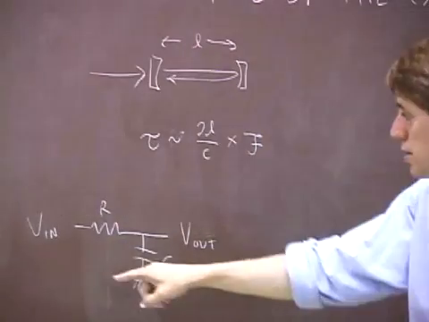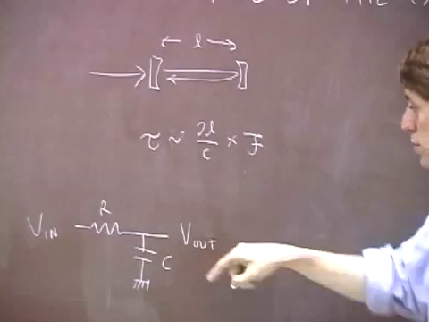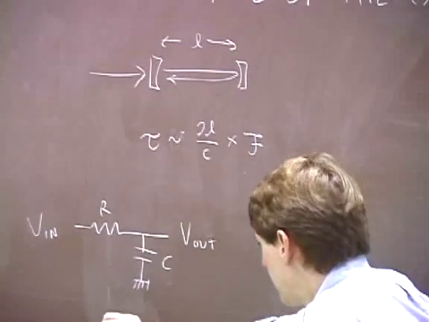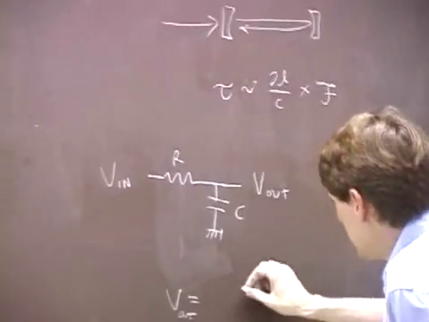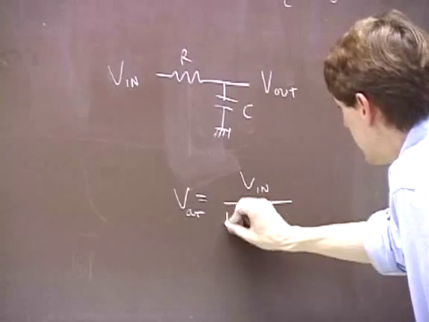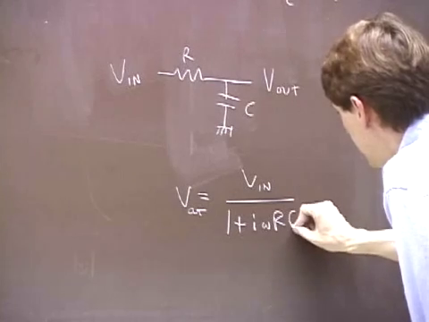If you consider this circuit to be a measurement circuit, where it measures a voltage that goes in by producing a voltage that goes out, the transfer function of this thing is frequency dependent. So V out is equal to V in divided by 1 plus i omega RC.